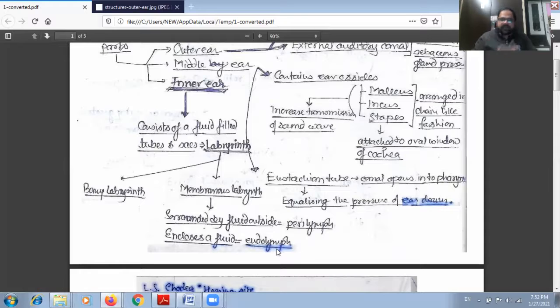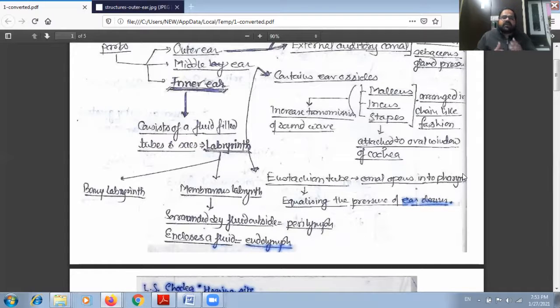And when we are talking about the eustachian tube of the middle ear, this canal opens into the pharynx. This eustachian canal has a very important role in hearing, as it adjusts the sound vibration.